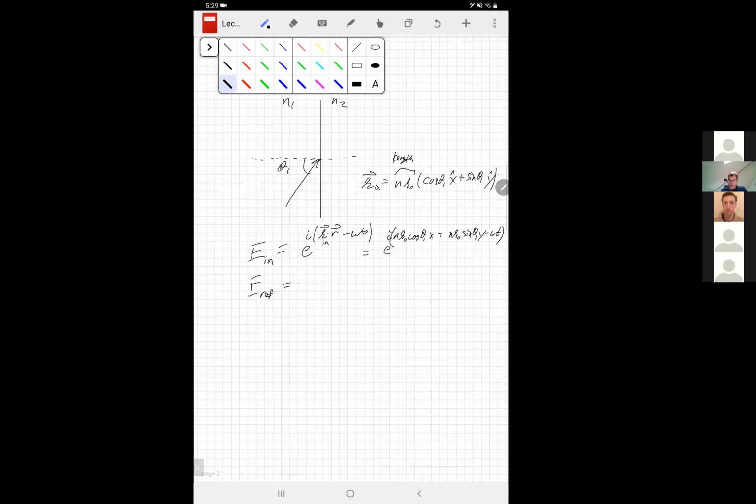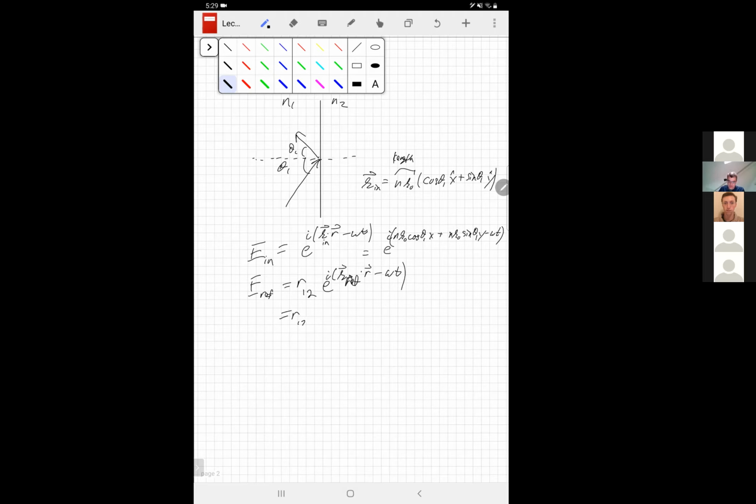Now a reflected wave will have a reflection coefficient R12, and it's going to be going like this. So will the components of k reflected be exactly the same, or will at least one of them be different? The x component will be the opposite. Yep, because it's going in a different direction. It's not going in a completely opposite direction. The y component is the same, but the x component will be different.